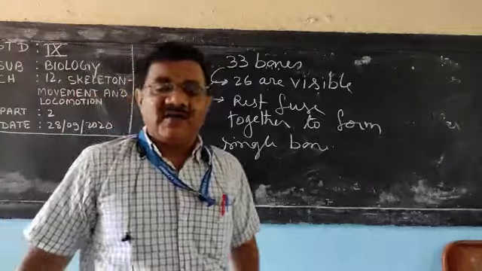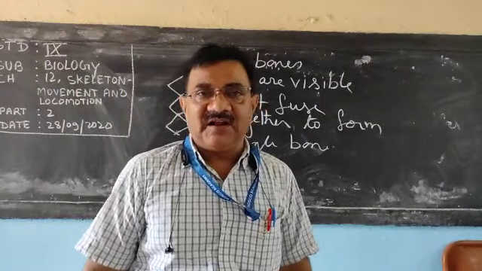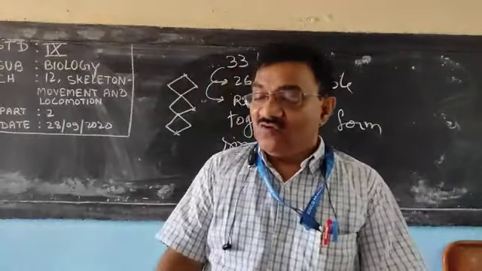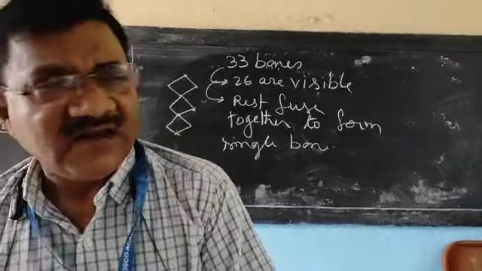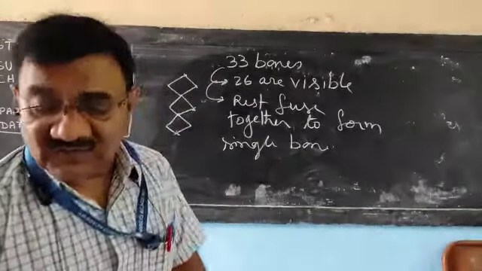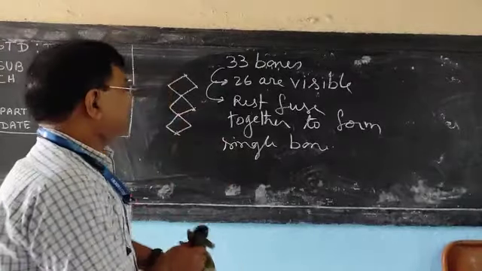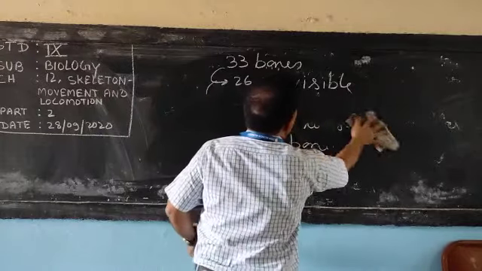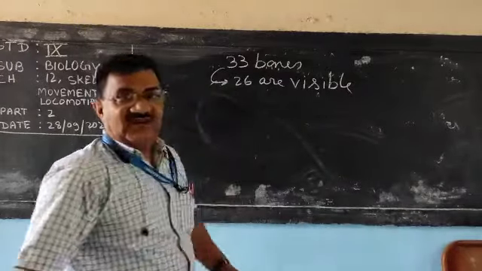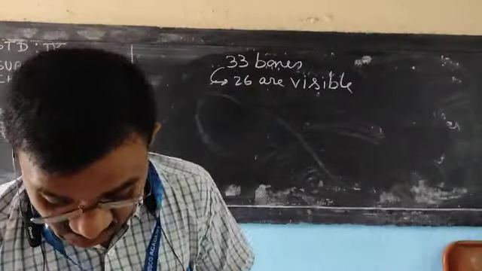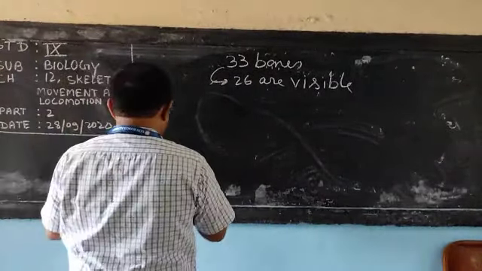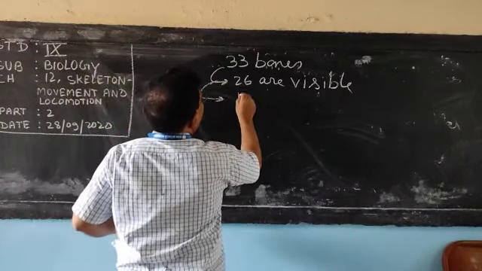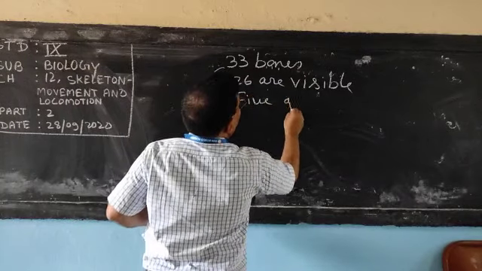Means in our backbone or vertebral column, a total of 33 bones are there. They are attached to each other. Now, out of these 33 bones, according to the area, it is classified into 5 parts. Okay, what are those 5 parts? The bones can be divided into 5 groups.